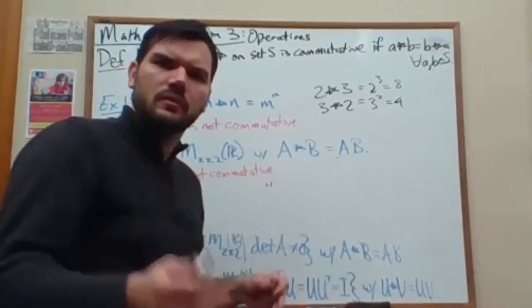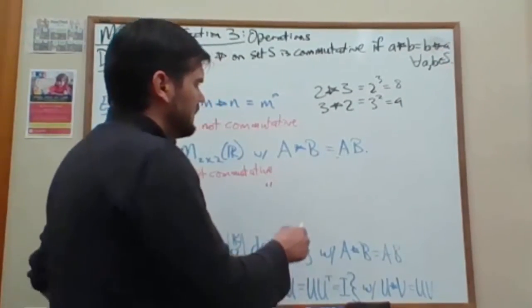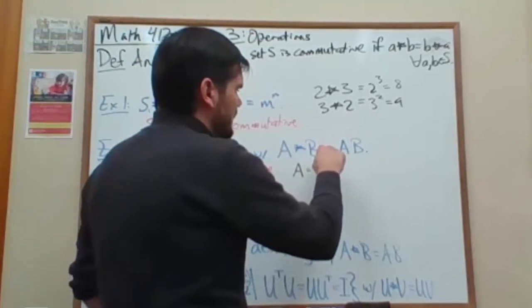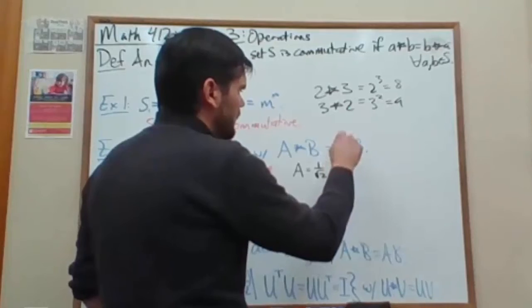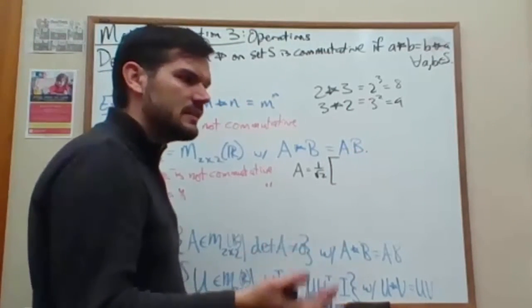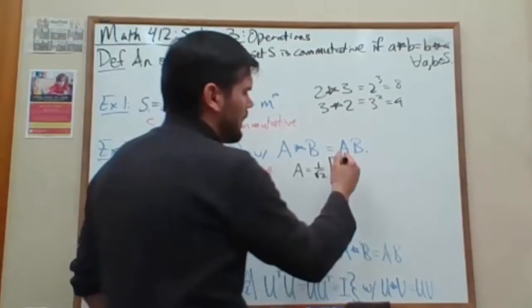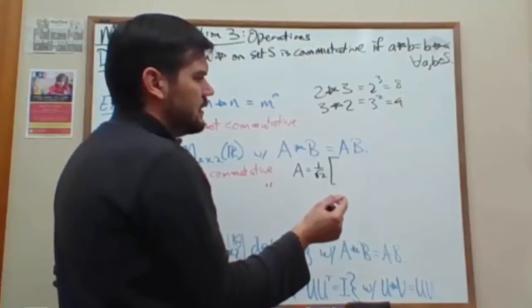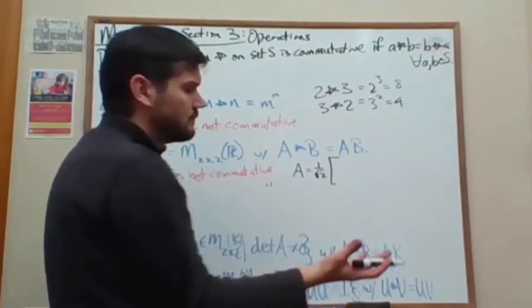Yeah, let me try an example that's not too general. Let me try a rotation that's not an identity. So we want to look at the rotation by pi over 4.